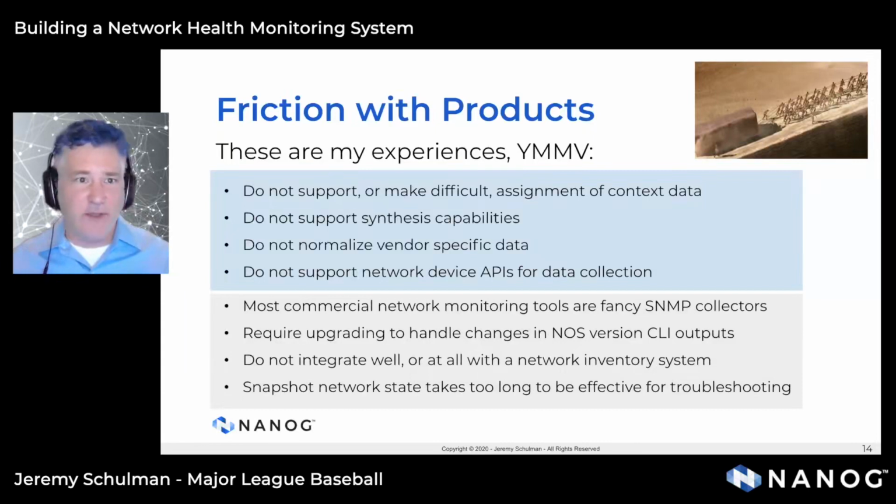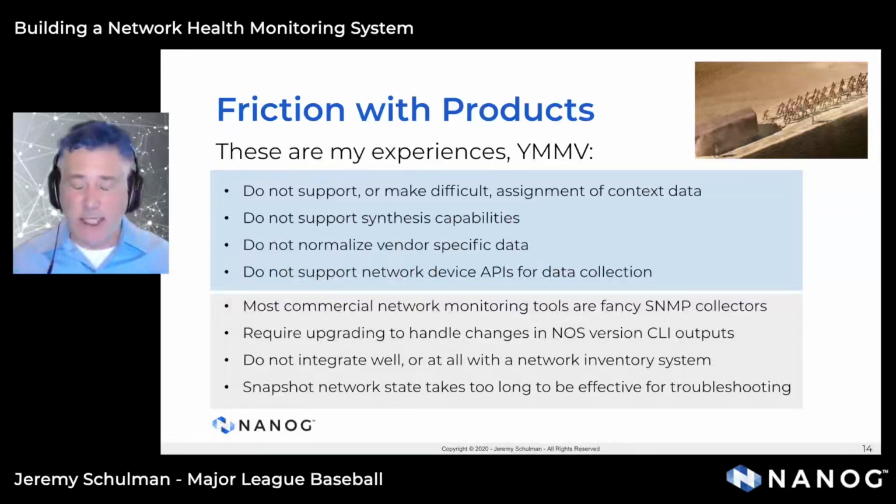So what I found is a lot of products are just simply fancy SNMP collectors, and then they try to figure out which devices, what is the vendor or the model of that device, and try to map in SNMP MIBs to pull out the data.